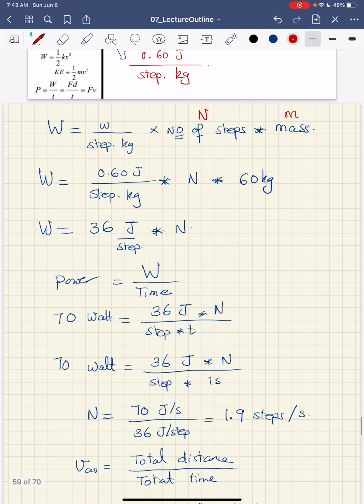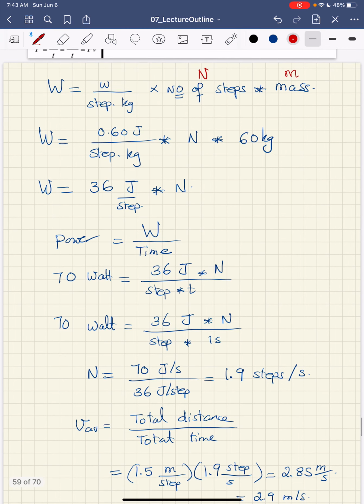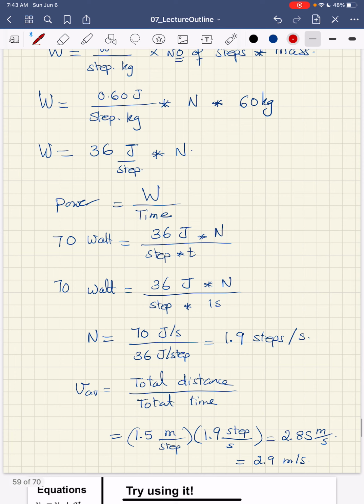Then the work is 36 joules per step times n, the number of steps. The power is going to be W divided by time. The total power was 70 watts. The total work is 36 joules times the number of steps, divided by the time. Then I can find how many steps I am making every second.